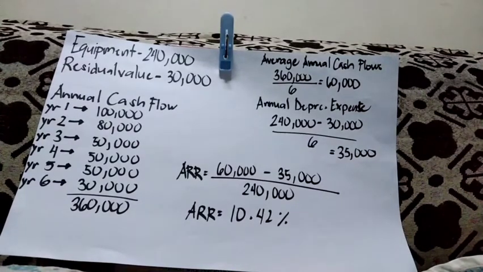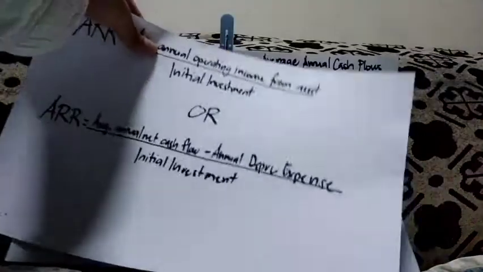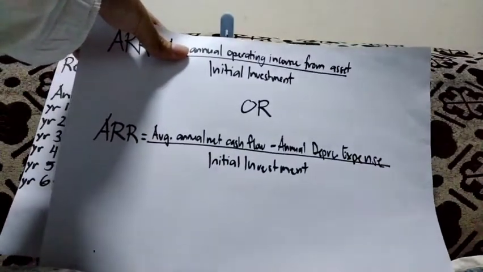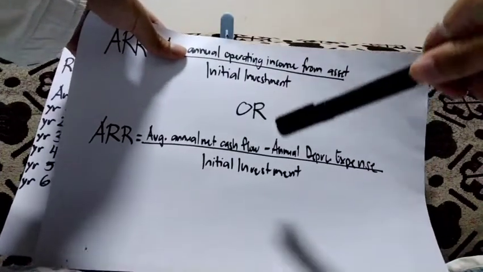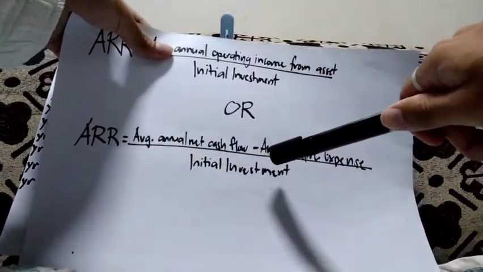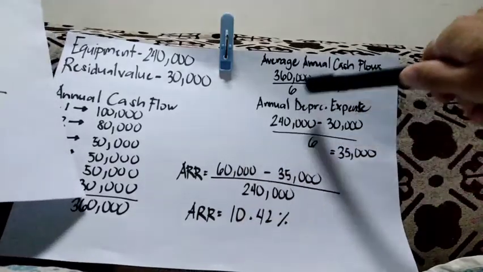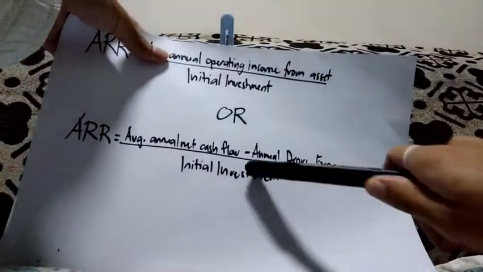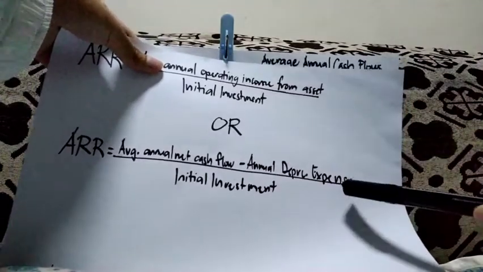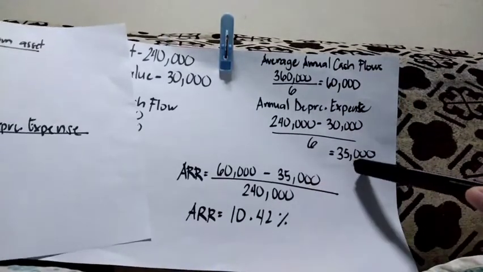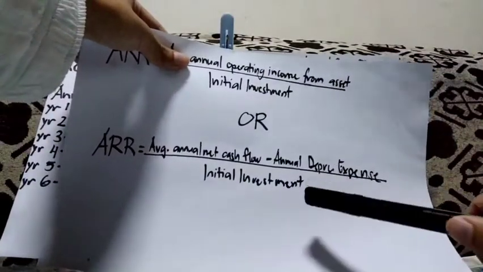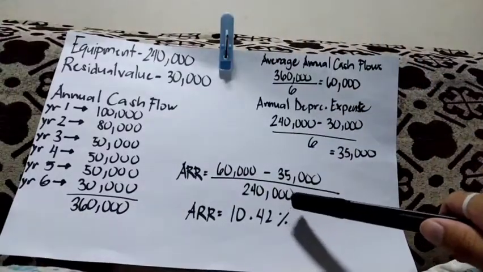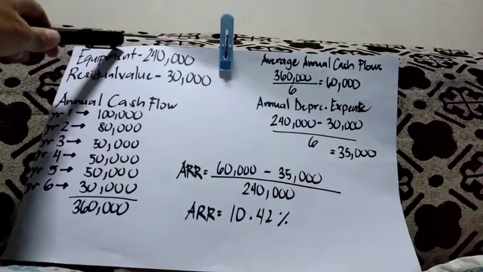To get the ARR, we're going back to the formula. ARR is equal to average annual net cash flow, which is the 60,000, minus annual depreciation expense, which is 35,000, over the initial investment of 240,000, which is the equipment.